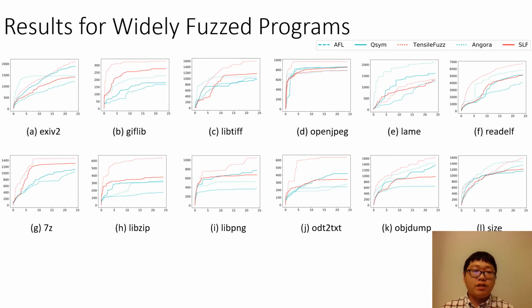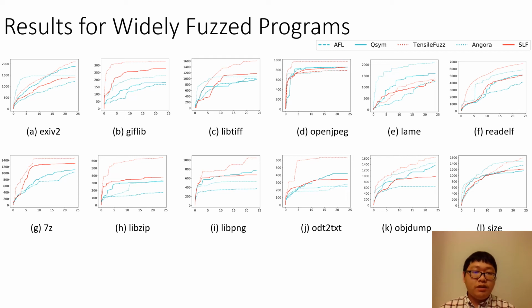The first set of experiments is on the 12 widely fuzzed programs. We run each testing tool on each program for 24 hours and choose the median of 5 runs. The experiment results are shown in these figures, whose x-axis represents time and y-axis represents the number of covered paths.